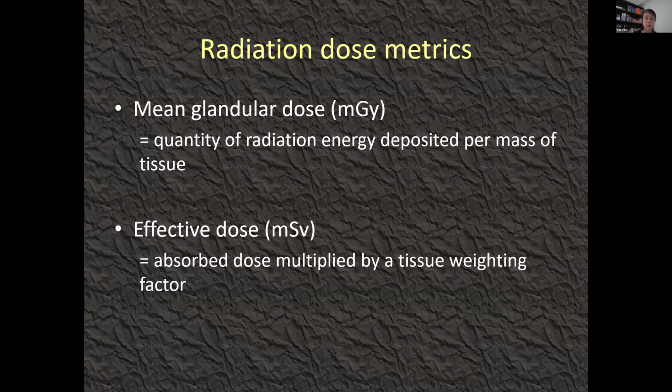Another measure is the effective dose, and this takes into account the tissue weighting factor because different tissues within the body have different sensitivities to radiation. And for the breast, it is a factor of 0.12. And this is expressed in millisieverts, which we are quite familiar with.